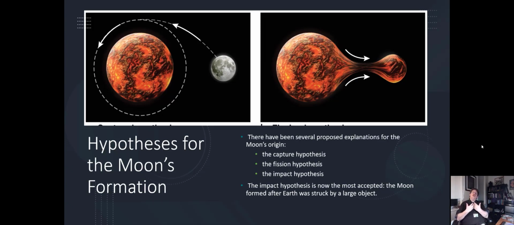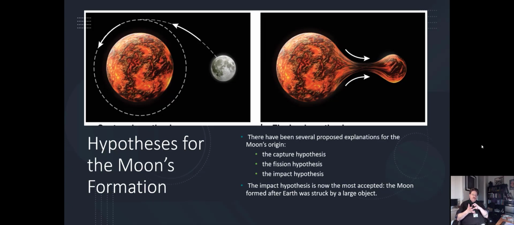The problem with this is, again, one of dynamics, but more importantly, one of composition, but in the reverse. If this were to happen, it would have happened prior to significant differentiation of the Earth.